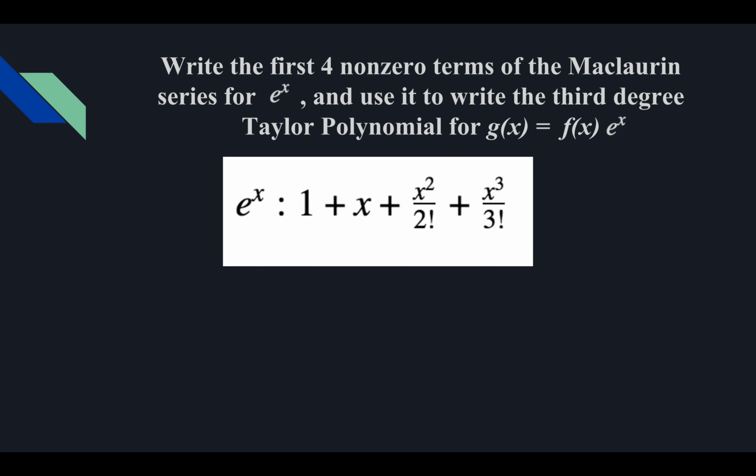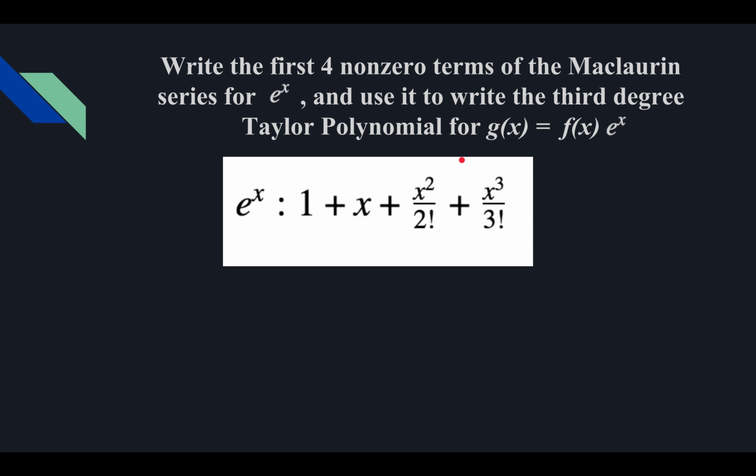So I highly recommend for the AP test to memorize these non-zero terms and series for e to the x, sine of x, and cosine of x, because one of these problems will likely appear on the AP test asking you to write the first 4 non-zero terms or the series in general, and it's easy points if you just have them memorized. So e to the x, the first 4 non-zero terms, is 1 plus x plus x squared over 2 factorial plus x cubed over 3 factorial.